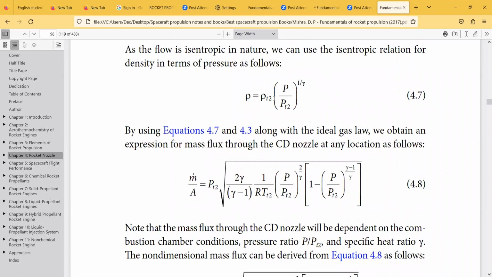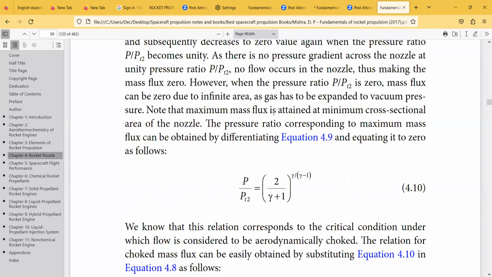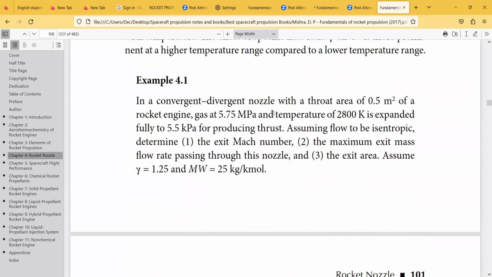Pressure at any point, density at any point. For example, if I consider this as exit density, then this should be exit pressure. We know these values, so we can formulate it in terms of this value.